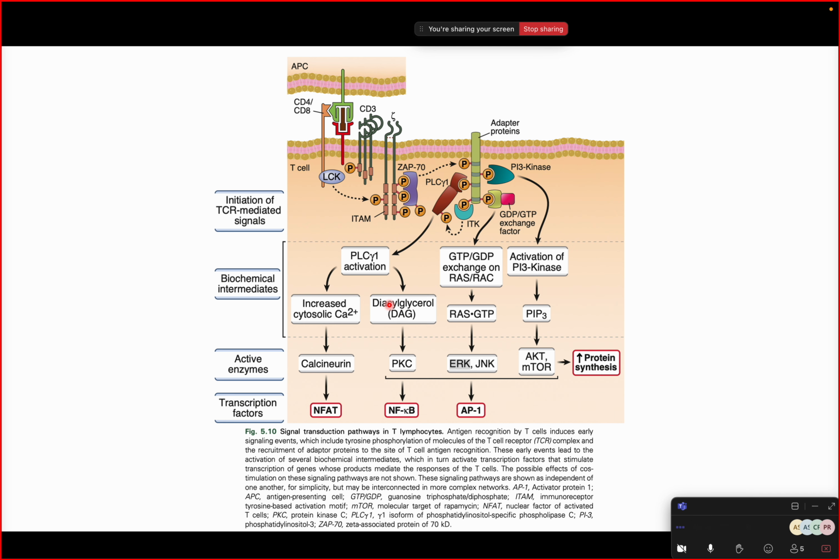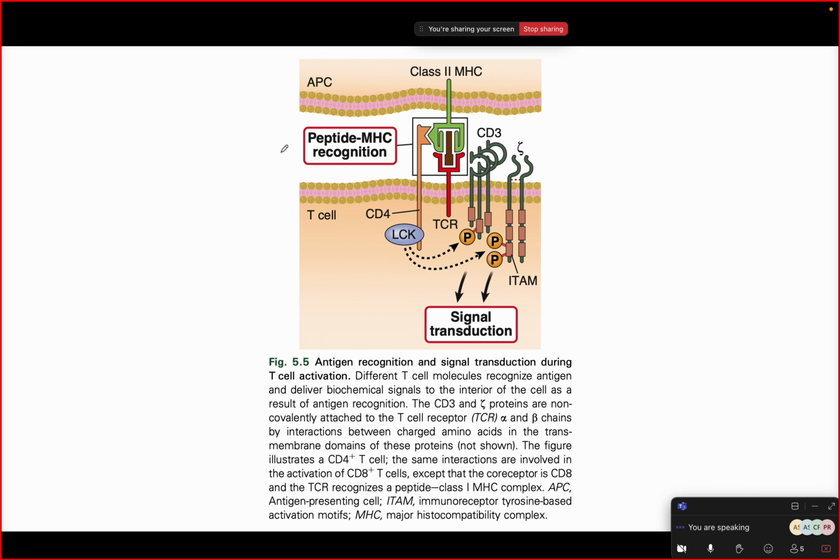Here if we see a few such examples of signaling pathways, this part is the same. If you can see before this purple block, this part is exactly the same as this one. There is no change, no difference.